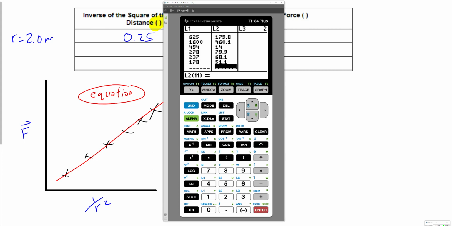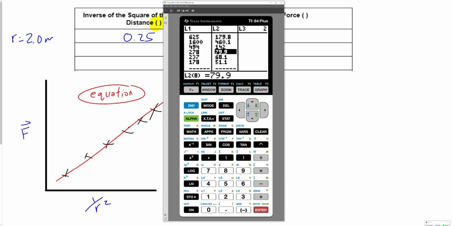So we're going to go stat, edit 1, and then we're going to fill in our data points. Thank you. That should have been 142. Thank you. I think the rest of them are right. So stat, edit 1, and then just fill in your data points. Easy to fill in your data points.